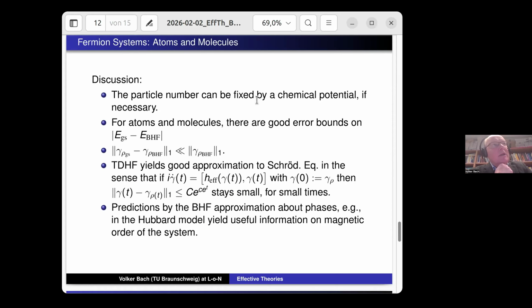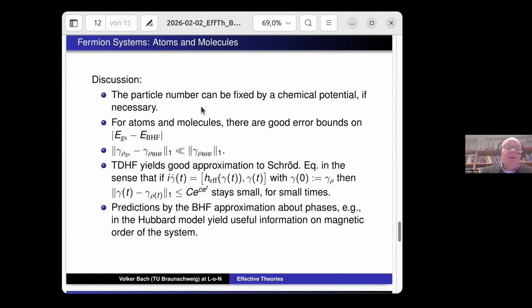I'm working in the grand canonical ensemble right away. But if it is necessary to fix the particle number to a specific value, we can add a chemical potential and adjust it so that the particle number comes out in the order that we want to have it.